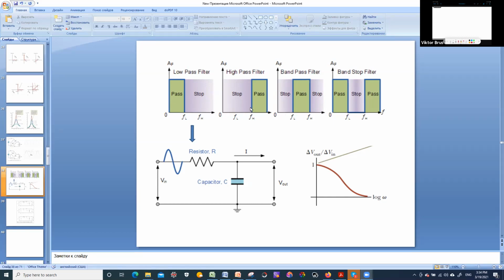But if we have frequencies lower than this cutoff frequency, all of them will be stopped by this high pass filter.